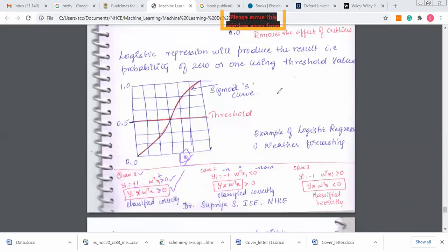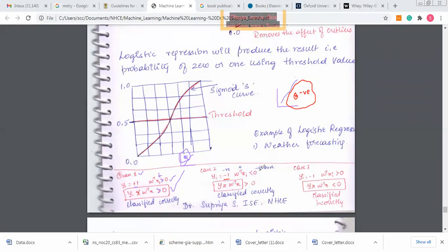Let us consider a point which is below the line. Let me consider another point, which is red color, below the line. I know that this point is going to be negative. So I have this as negative. And the value of W transpose of x for all the points lying below the line is going to be negative, lesser than 0.